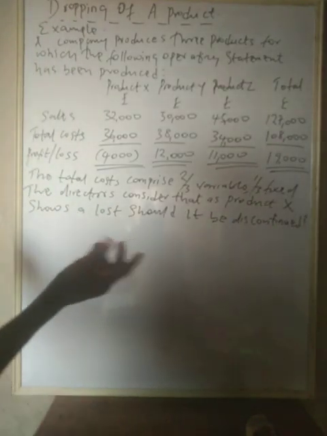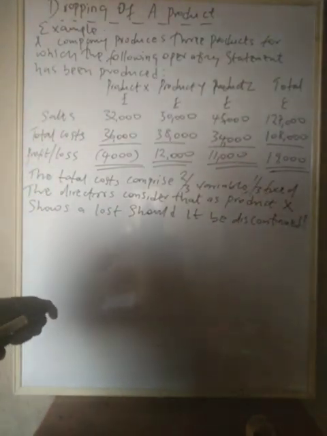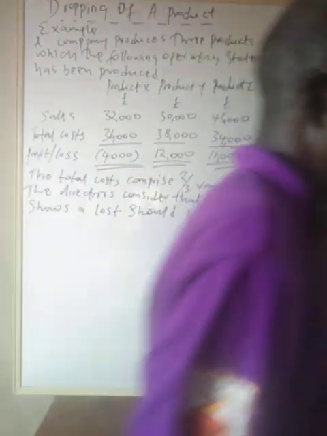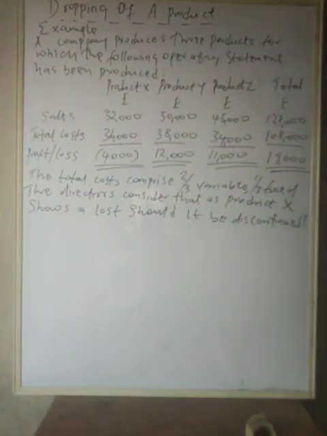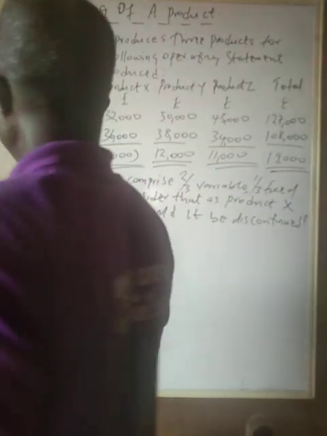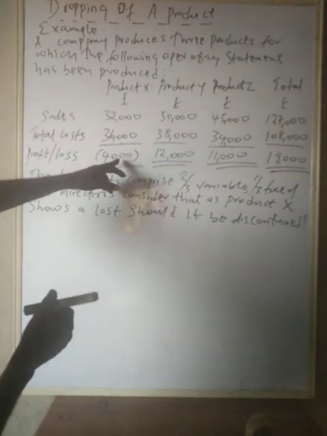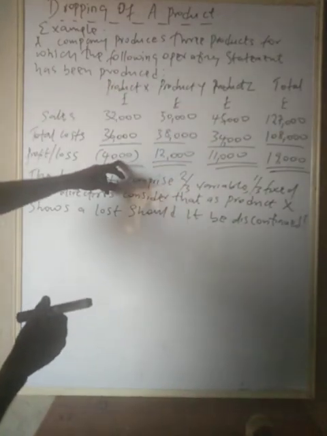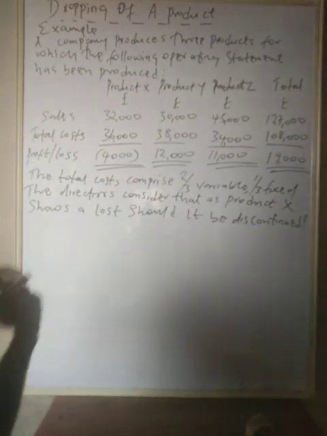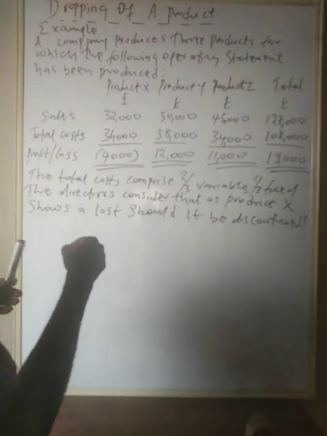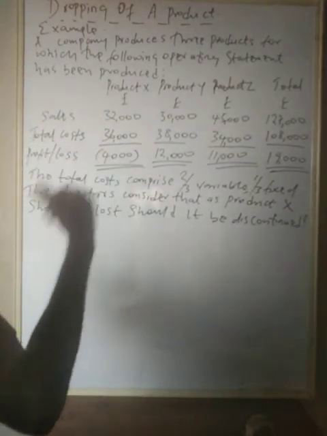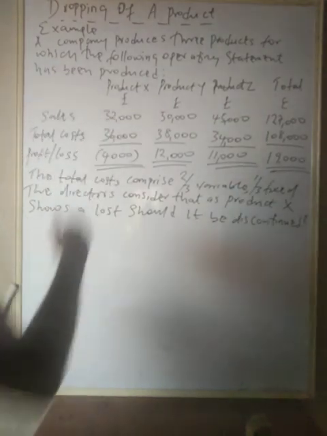That is what we are talking about here: for the company to decide whether to discontinue or continue production of product X simply because it gives a loss, it depends on the calculation making use of marginal cost.